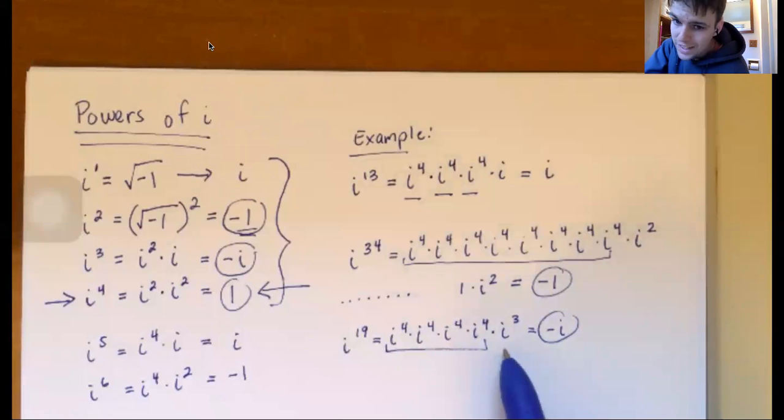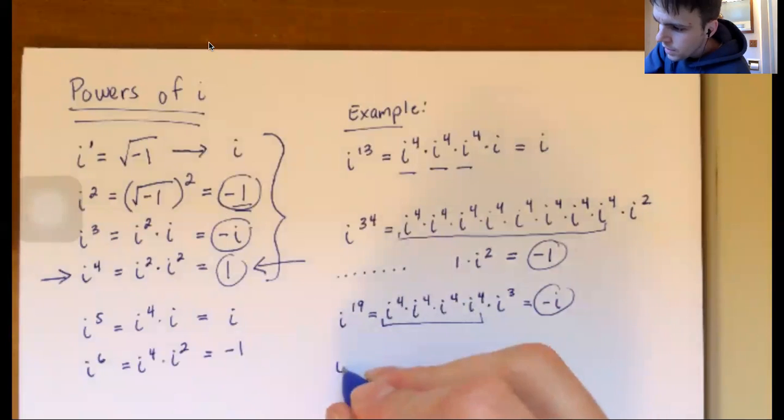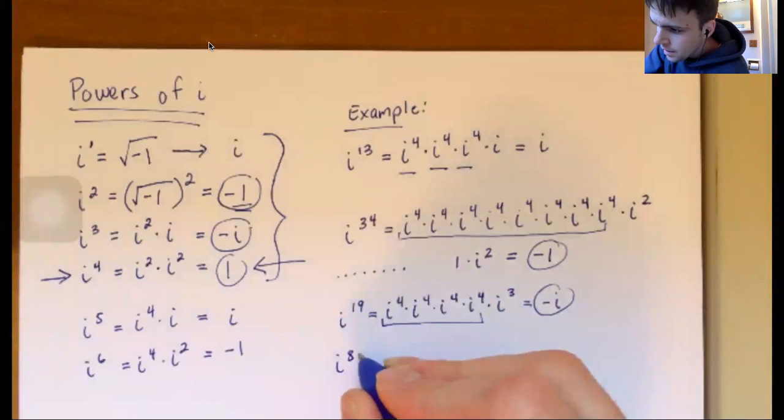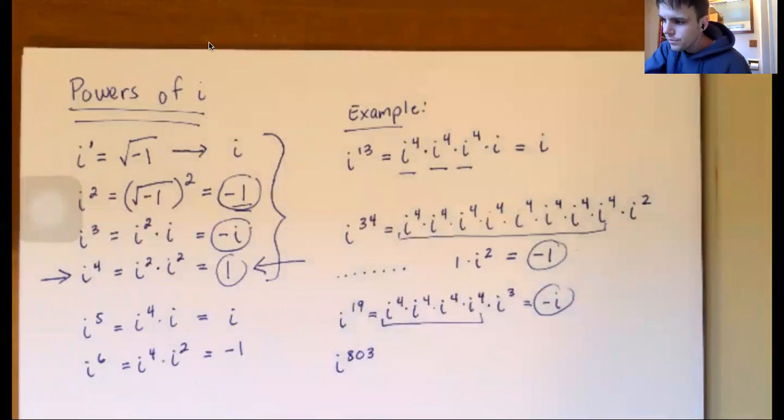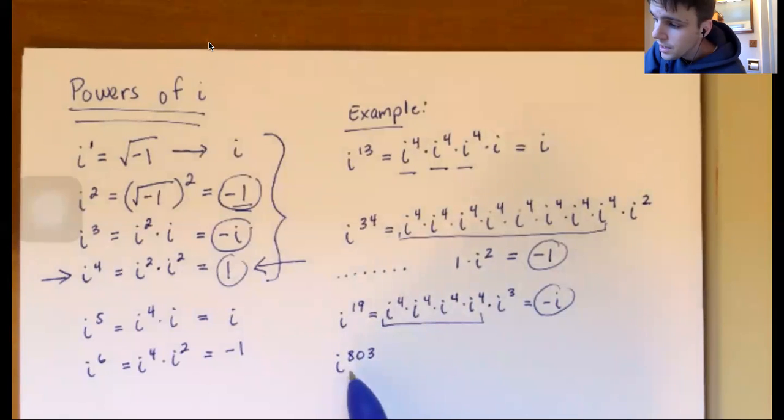So we could do ridiculously high powers of i if we can just find out how many 4s go in and then what the remainder is. Let's do that really, really fast. Let's do i to the 803rd. Now, I already know that 4 goes into 800 nice and evenly, 200 times.